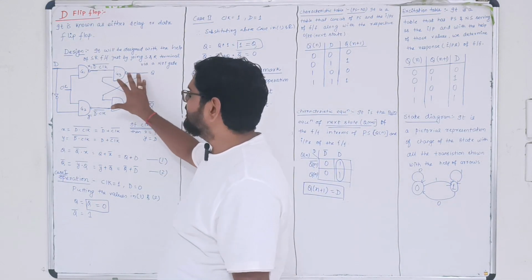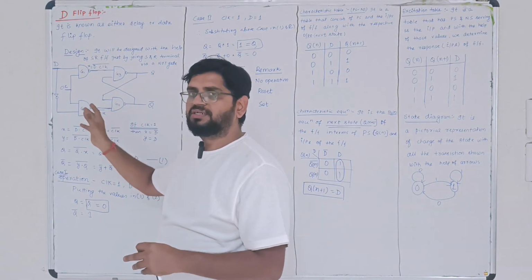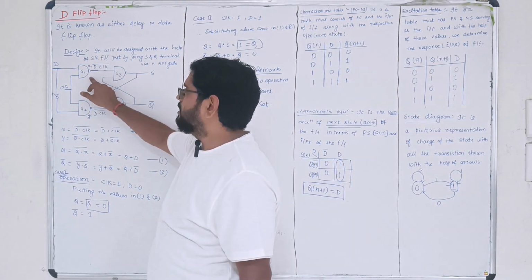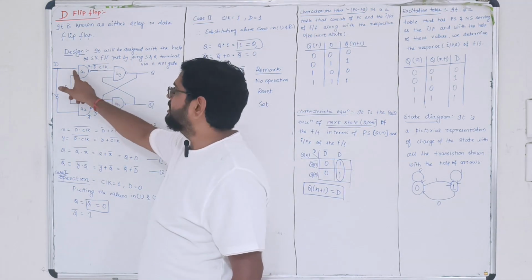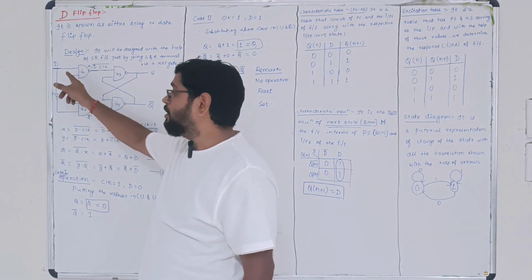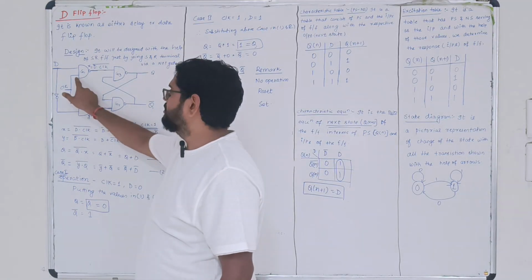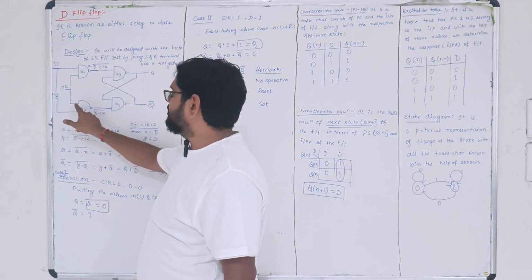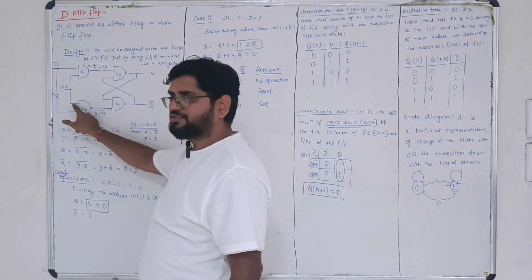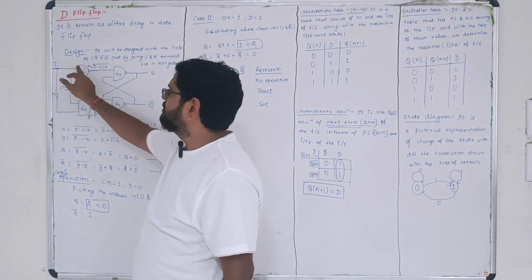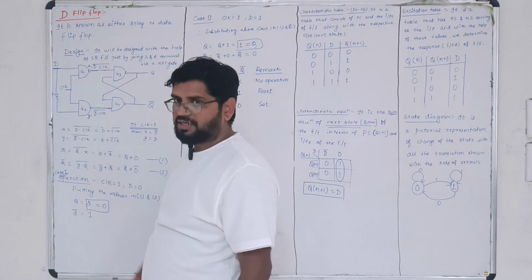Just draw the SR flip-flop as I showed in the previous video, taking two NAND gates and making the upper terminal of the G1 NAND gate longer, the lower one smaller. Then for G2, you make the upper one smaller, the lower one longer. Connect the clock to them. That terminal will be S, the lower terminal will be R.